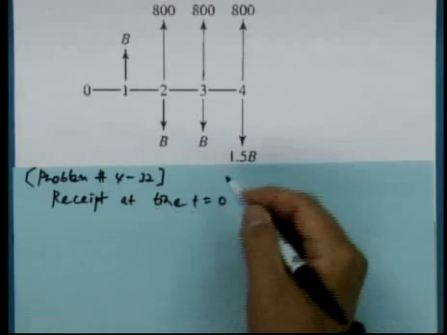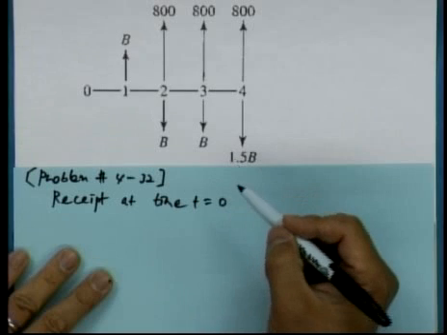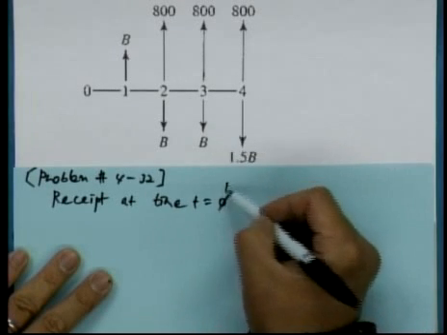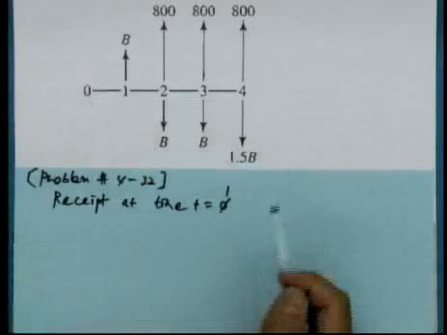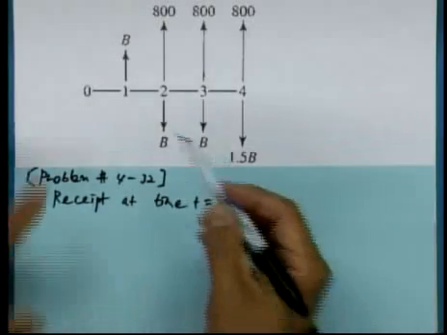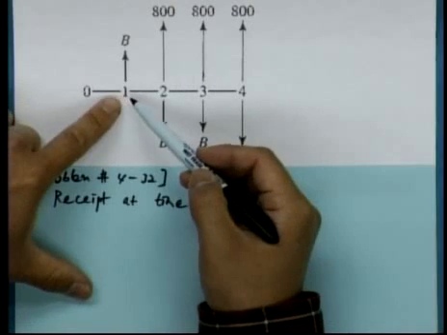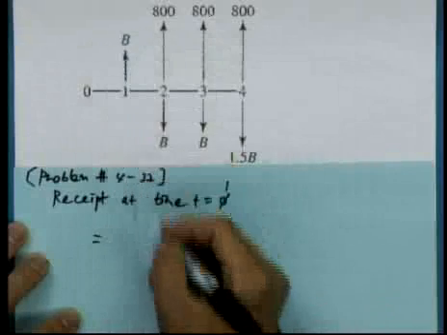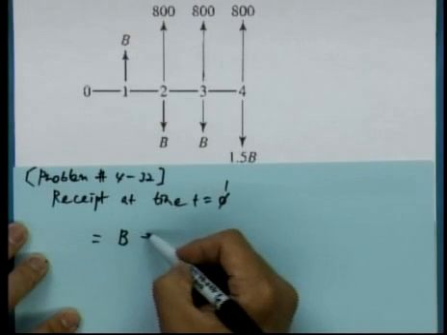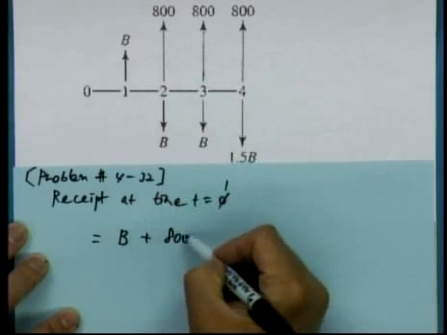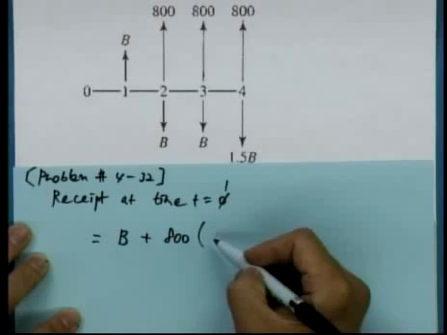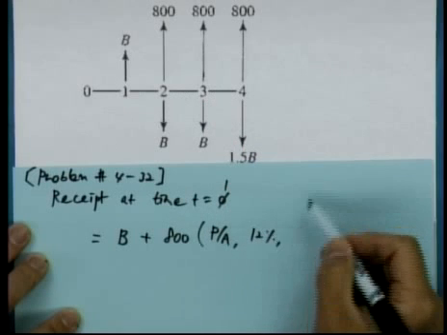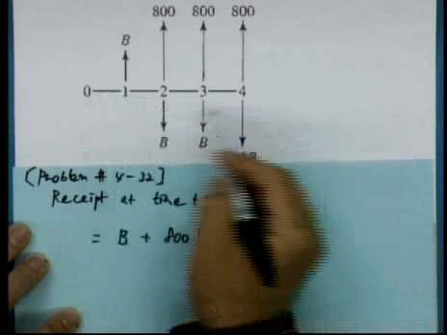Or it's better to use the time t equals 1 because it's redundant. Okay, so let's get the receipt value at time t equals 1. That's going to be the B itself plus 800 P given A, right? And 12% over how many periods? 3 periods.